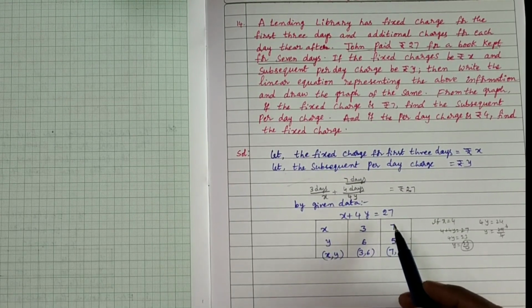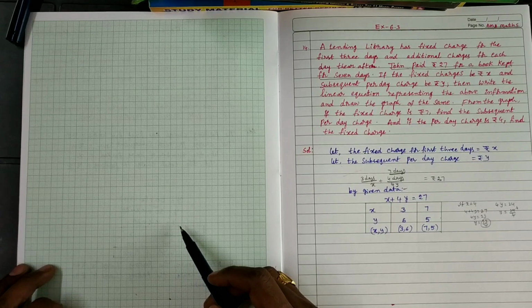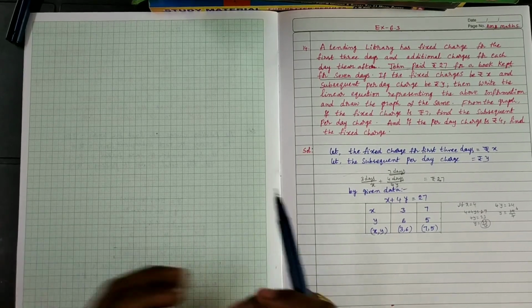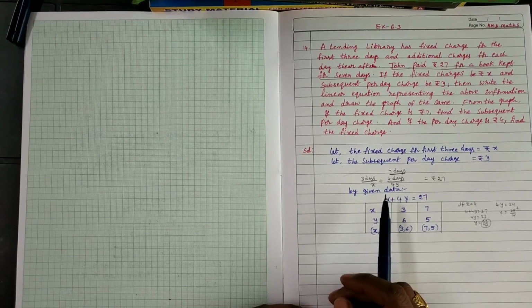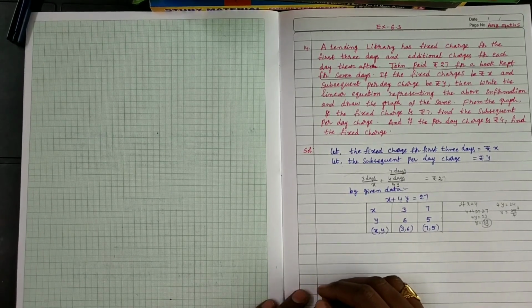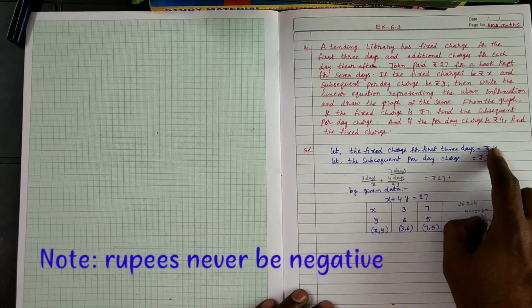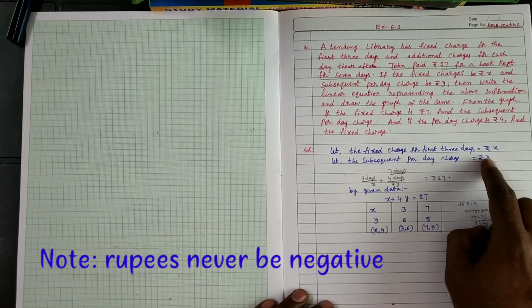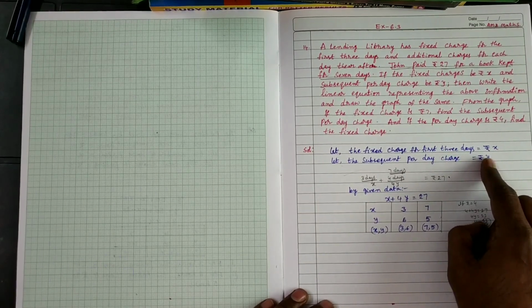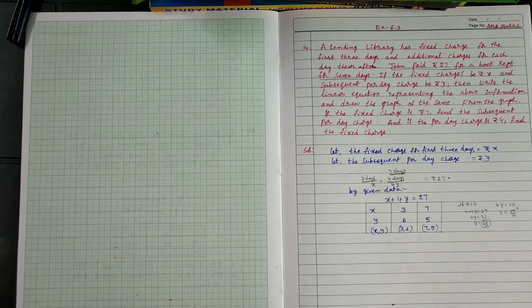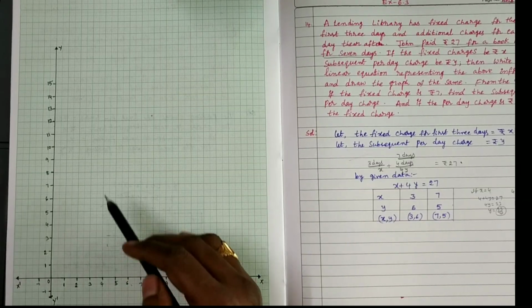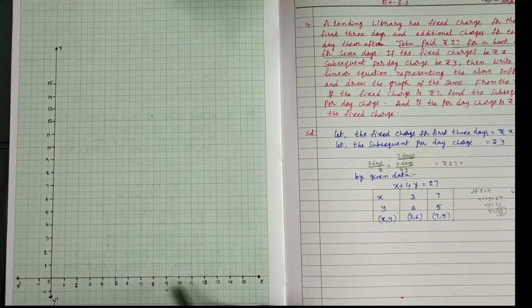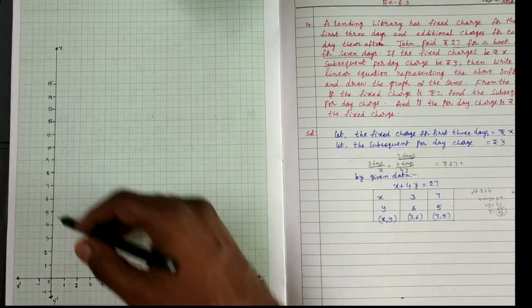So on the graph, on the x-axis and y-axis, take 1 centimeter as 1 unit on both axes. The fixed charge, or first 3 days charge, is never negative, so take the x-axis and y-axis from the corner like this.